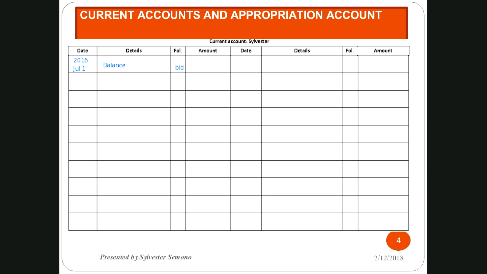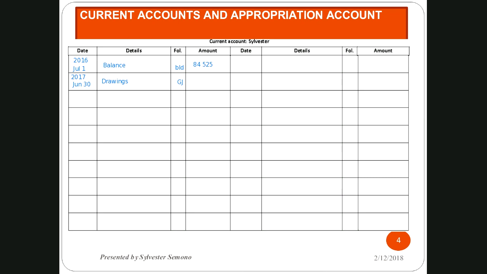So we need to go to the debit side and reduce this, but we need to put 2017, the end of the period, which ended on June 30th. So we need to come here and write drawings. And this drawings is always recorded in the GJ, and drawings was given for 264. Okay, that's the drawing.